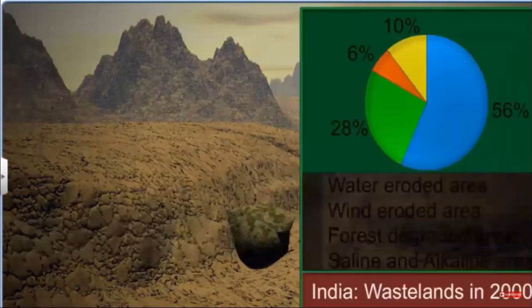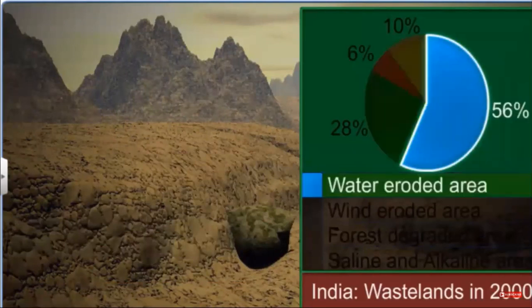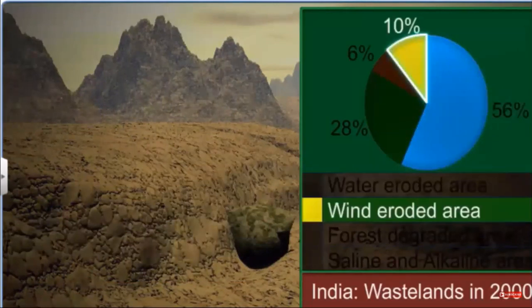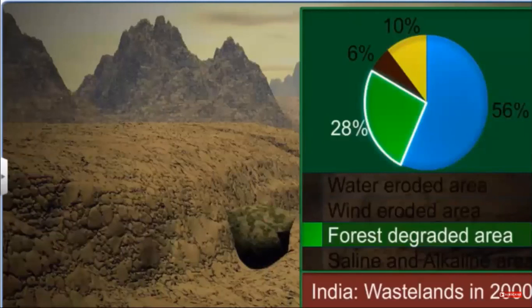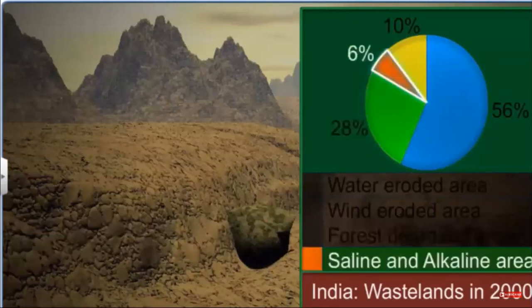To give you a sense of the size, it is roughly equal to 1/3 of the total area of our country. Out of this, 56% is water eroded area, 10% is wind eroded, 28% is forest degraded area, and 6% has saline and alkaline deposits.